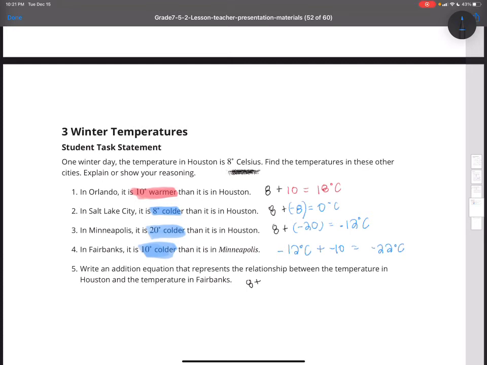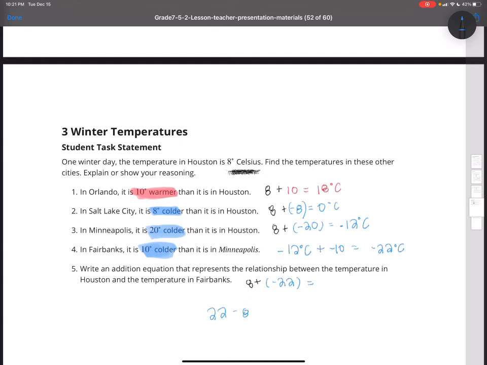Okay? And then for number 5, it says write an equation that represents the relationship between the temperature in Houston and the temperature in Fairbanks. The temperature in Houston is 8 degrees, and the temperature in Fairbanks is negative 22 degrees Celsius. Now they say write an equation, which means that they want us to have an answer. So 22 minus 8, which, 20 minus 8 is 12.